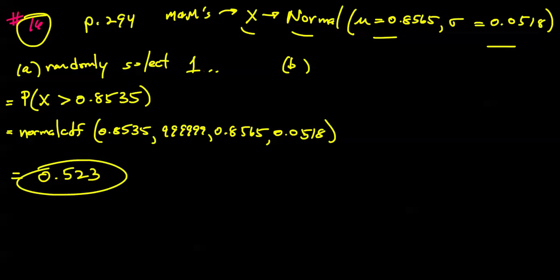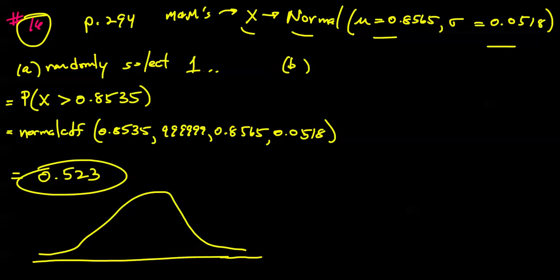I get a probability of 0.523. Now what I have done really is considered my individual M&Ms, or the distribution of my individual M&Ms. I wanted the probability that x is greater than 0.8535. Now 0.8535 is a little bit below the mean value of 0.8565.